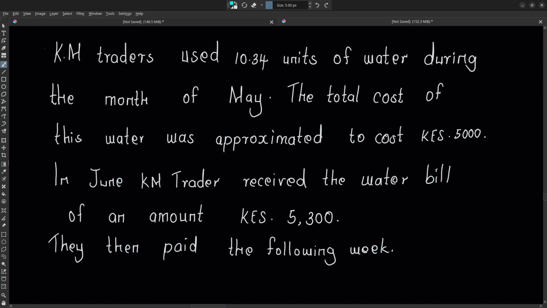So let us look at a practical example of how we go about recording an accrued expense, okay? KM Traders used a certain amount of units of water during the month of May, and the total cost of the water was approximated to be Kenyan shillings 5,000. Remember, when someone has not invoiced you, you don't know exactly what the cost is, but you can approximate.